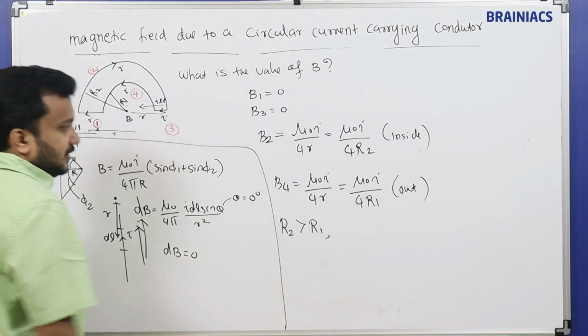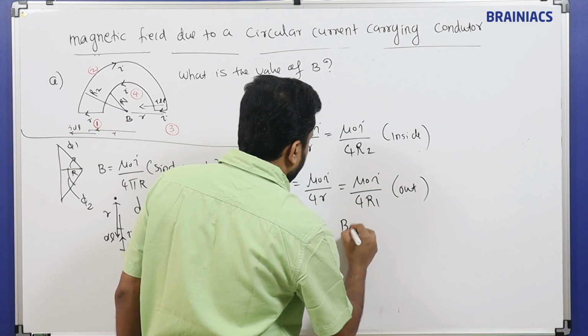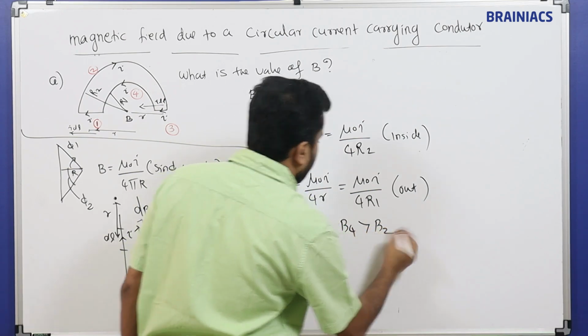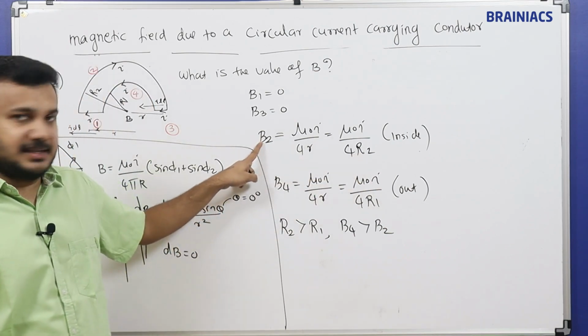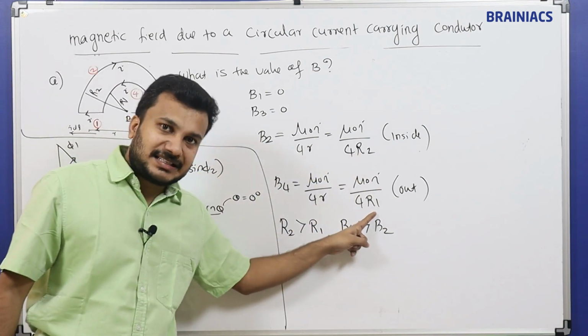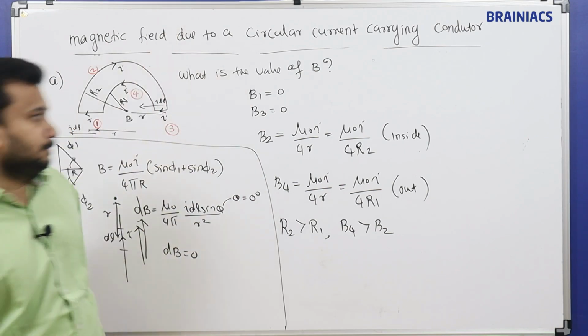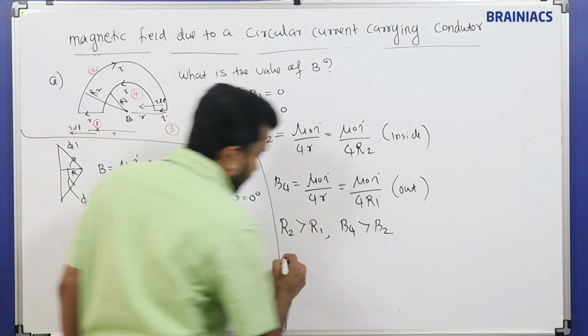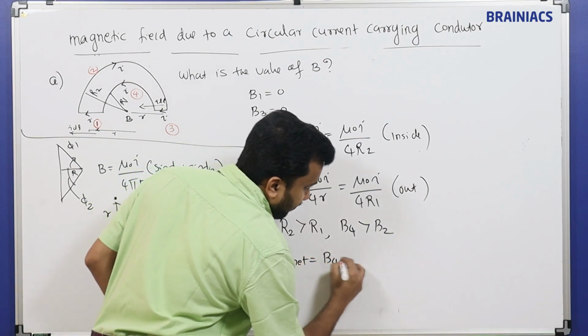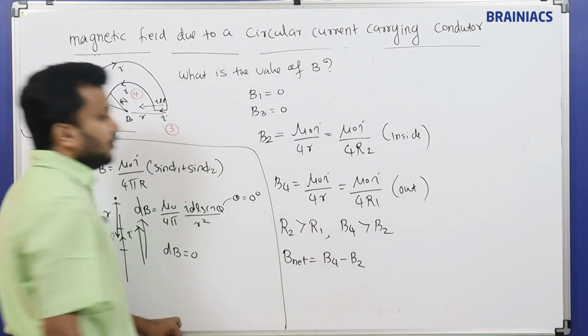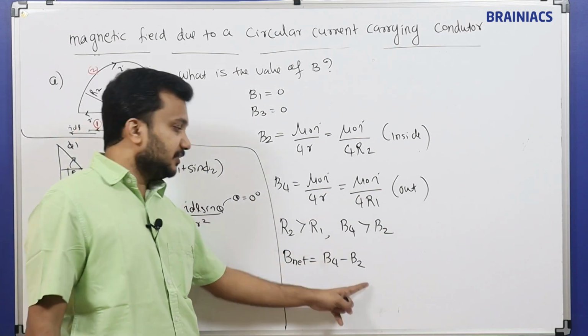In that case, I can say B4 is greater than B2, right? R2 is higher means B2 is lesser. R1 is lesser means B4 is higher. So the total magnetic field, the net magnetic field, is what? B4 minus B2 you have to calculate. So highest is B4, lowest is B2.